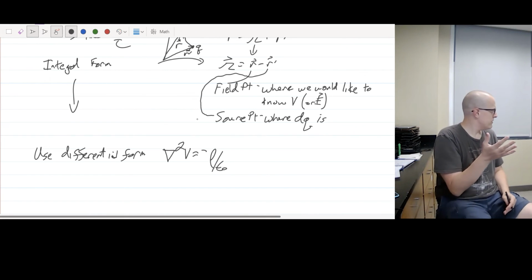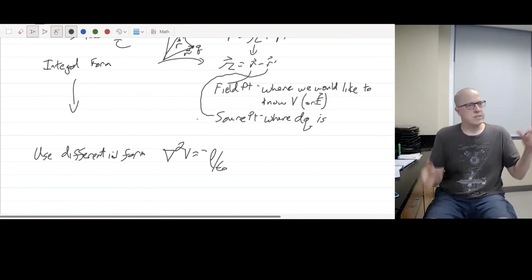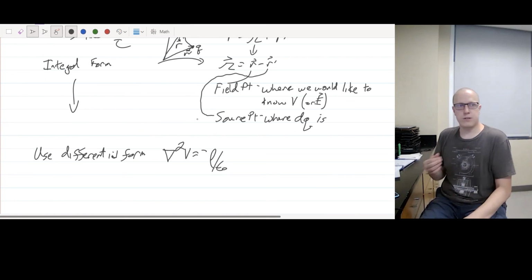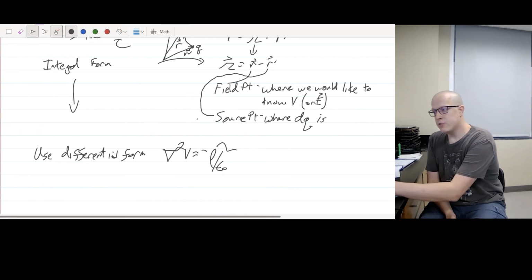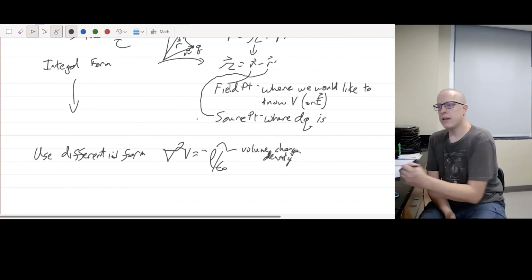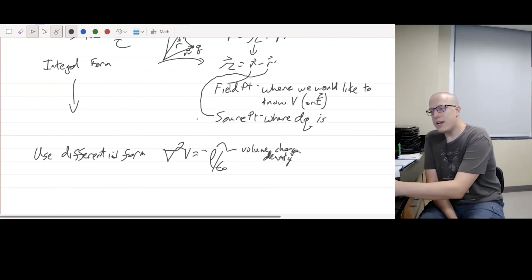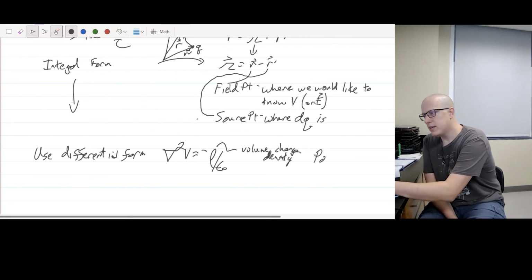Have you guys talked about del squared? So del, again, is the 3-dimensional derivative here. And then this rho is the volume charge density. And so this equation here is called Poisson's equation.